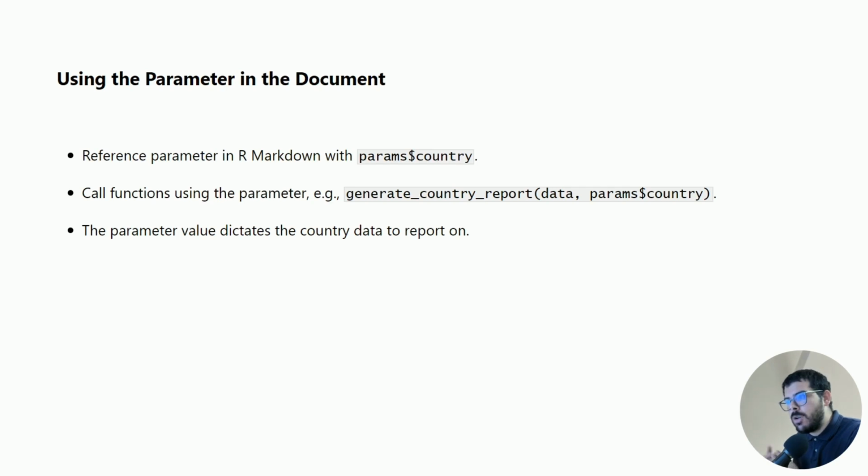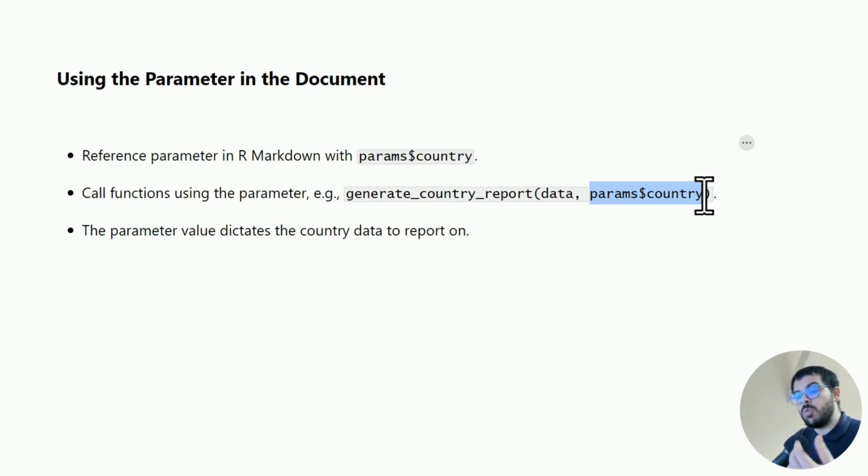the function call for generate country report. For example, in here we can say generate country report using our data, whatever data it is, and then use params$country, which means access the value of the country parameter in the params header, in the YAML header.